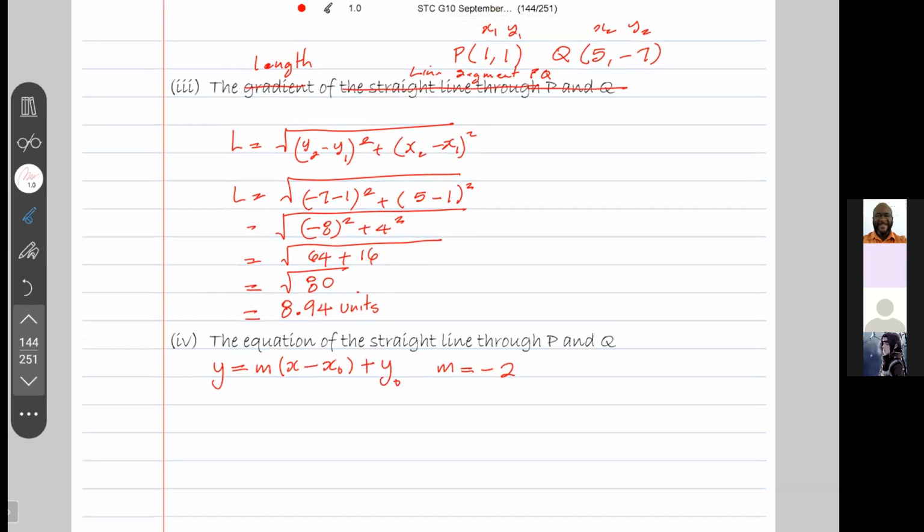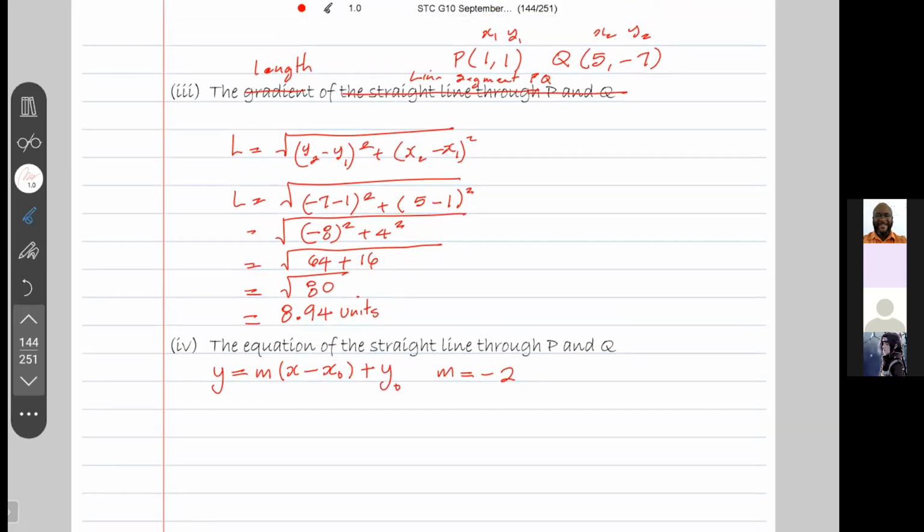I have 2 points, P and Q. I'm going to choose to use Q, which is (5, -7). In the formula, this would be my x naught and my y naught. Pay attention, everybody. Y is equal to m, which is minus 2, into x minus x naught, which is 5, plus y naught, which is minus 7.